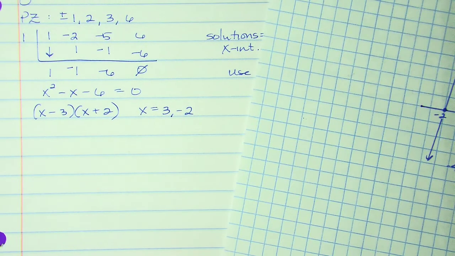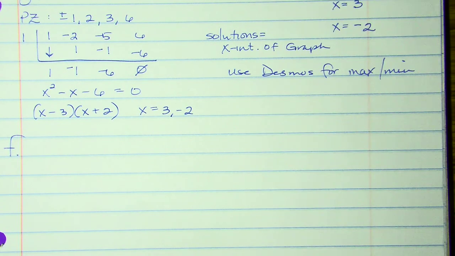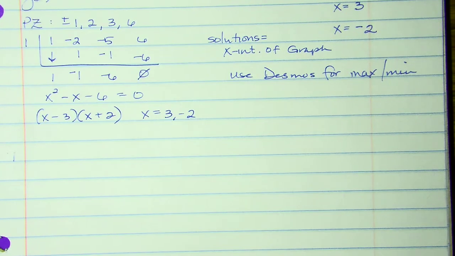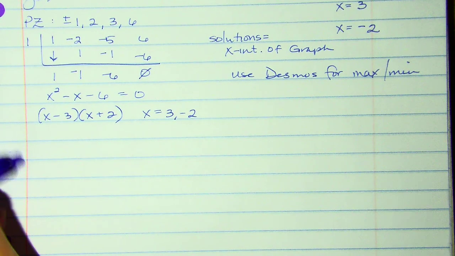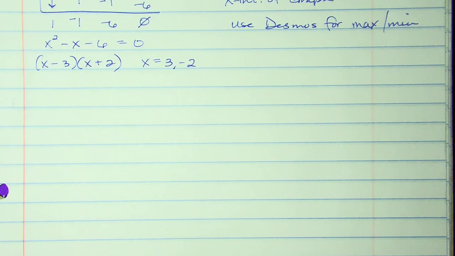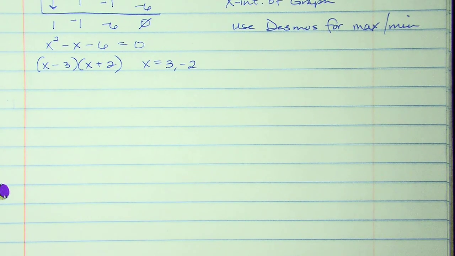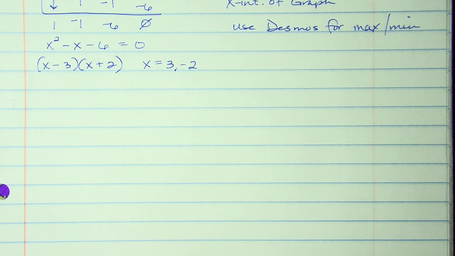All right, so let's go to F. Whoops, I should move that down to fit the graph. So for F, I have g of x equals x to the fourth minus 4x to the third plus 3x plus 8.